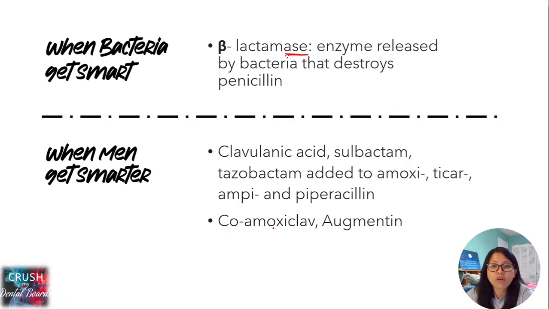What's together? Your amoxicillin and your clavulanic acid. Popular brand name of clavulanic acid and amoxicillin would be your augmentin. Okay, so here we can see that we can produce a drug, but then the bacteria over time can also produce enzymes that would be against that drug, making them resistant. And so we as men, we have to come up with something else to combat those enzymes. And so this is an example of it. Okay, amoxicillin plus clavulanic acid, then we have your augmentin.